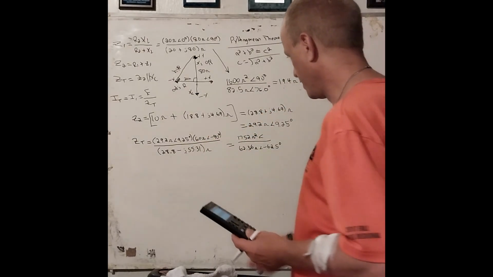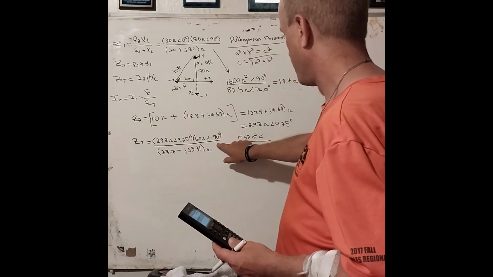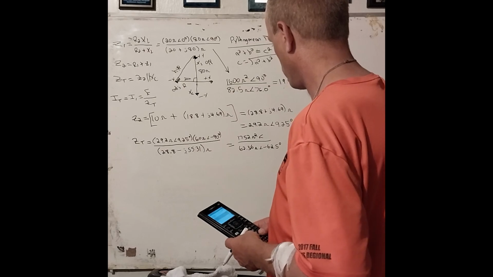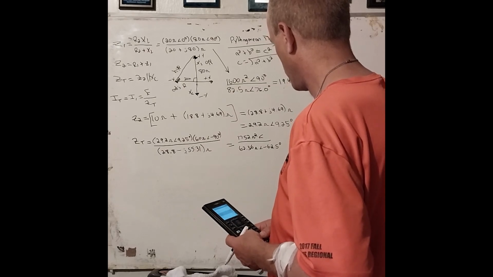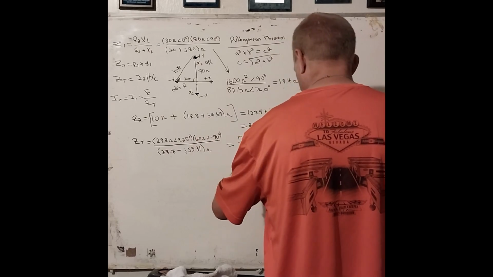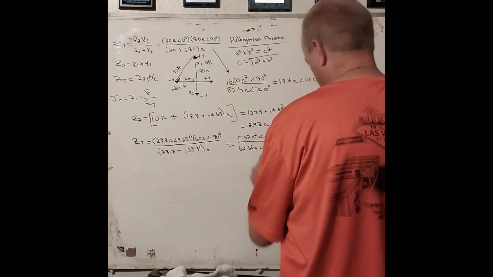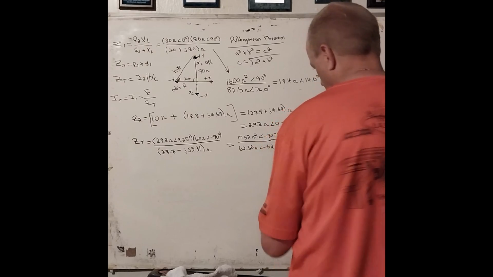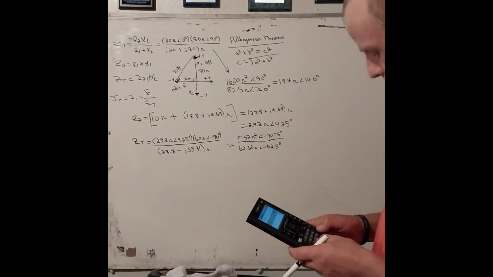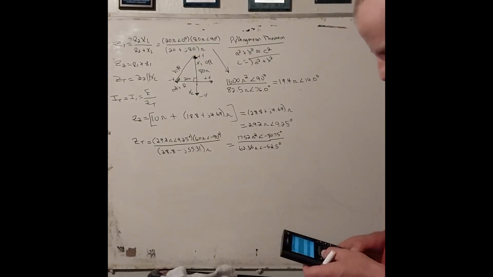That's really 80.75. I'm going to do 4 significant figures there because it's right on the line. So 90 minus 9.25, 80.75, right? It's negative, okay.